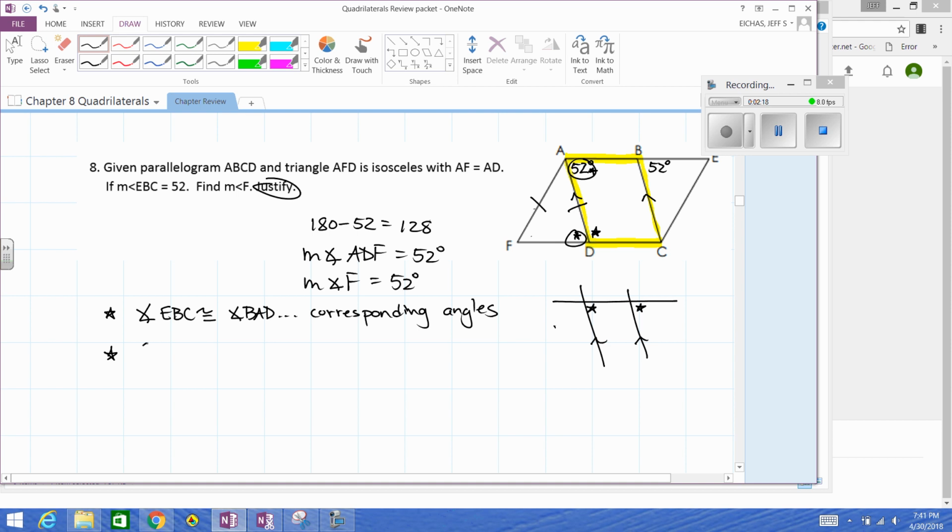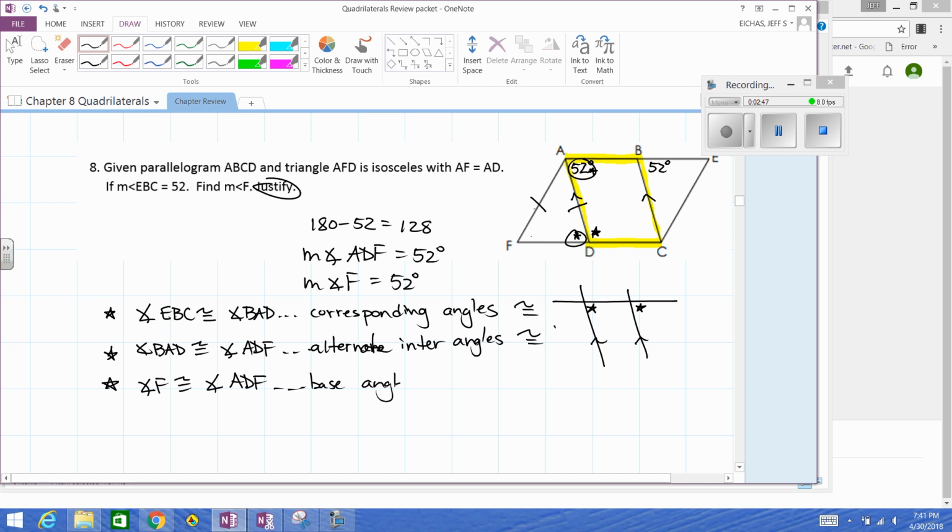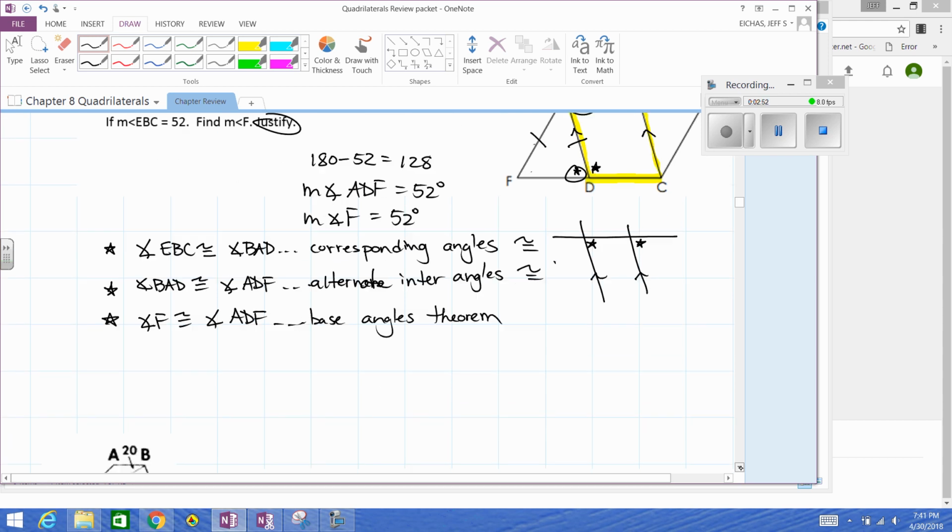I'm going to use also angle BAD. It is congruent to angle ADF. That's alternate interior angles. I'll just throw the congruent symbol there. Then angle F is congruent to angle ADF, and that's the base angles theorem. So that's kind of my justification.